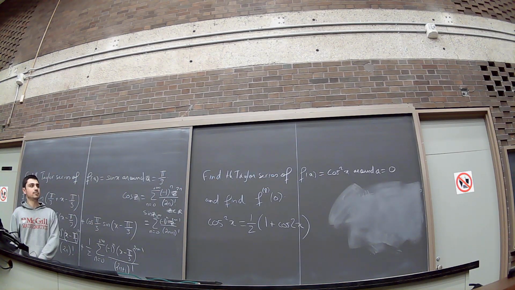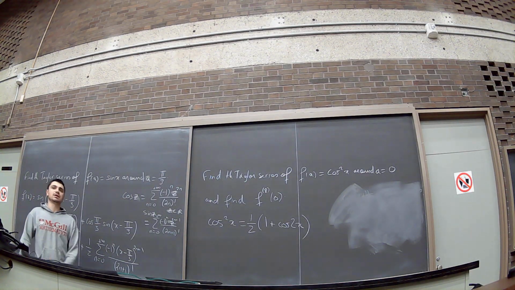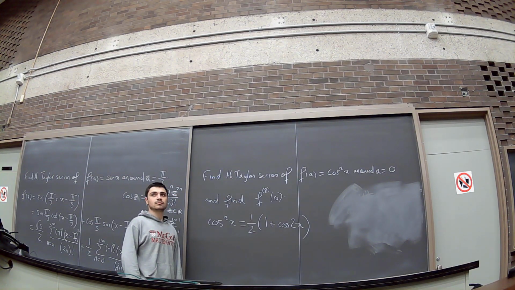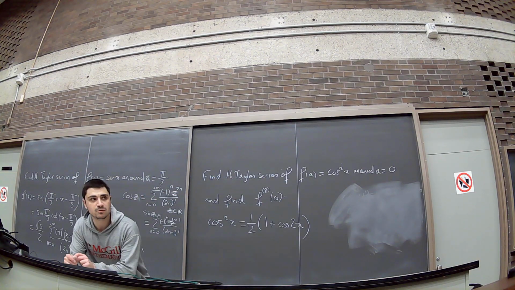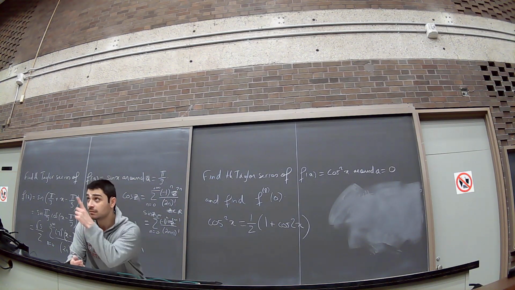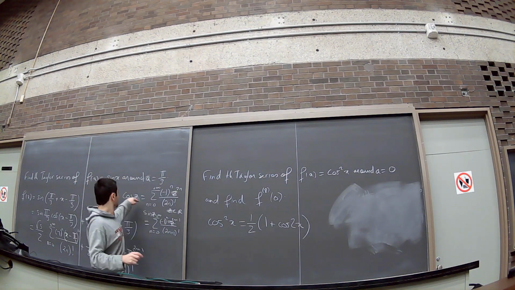Great, so what do I do now? How do I find the power series around A equals 0? We did this yesterday. What did we do yesterday? Use the identity for cosine.